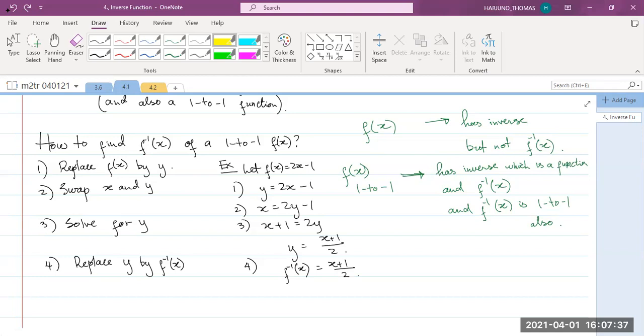For the next approximately 15-20 minutes, I will do examples where we find the inverse function of a one-to-one function. You will see that the difficulty level gets more difficult as we progress.